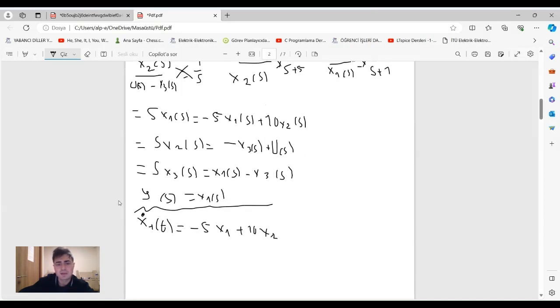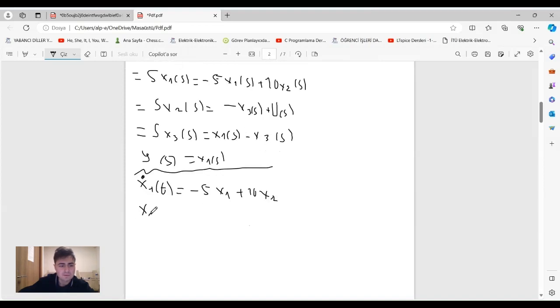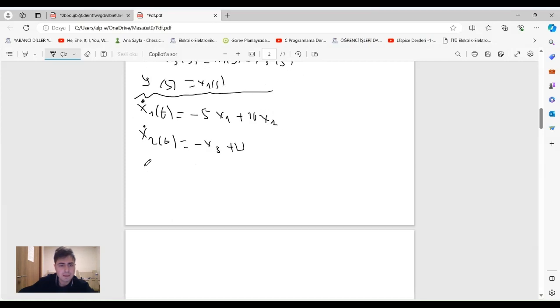This equation came from these. Also x2 dot equals minus x3 plus u, and the last one, x3 dot (t) equals x1 minus x3.